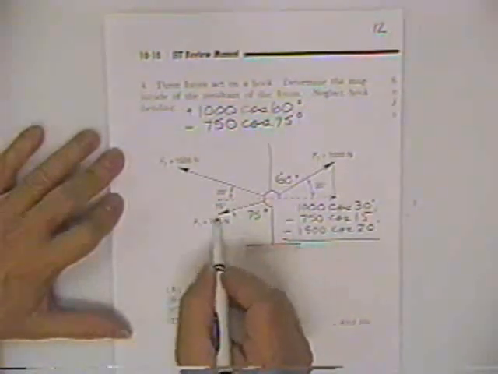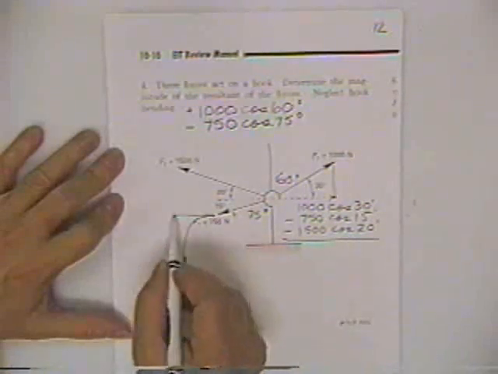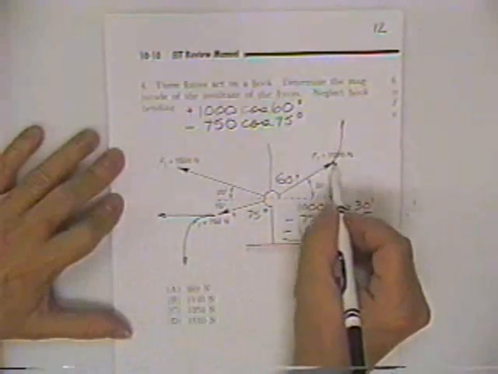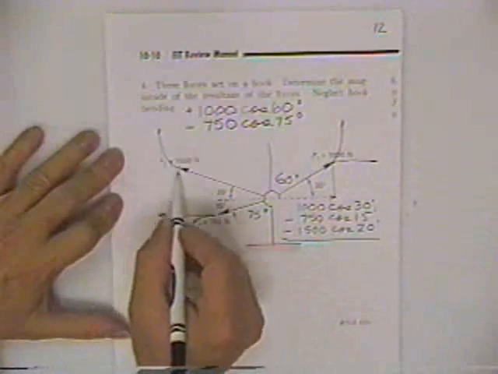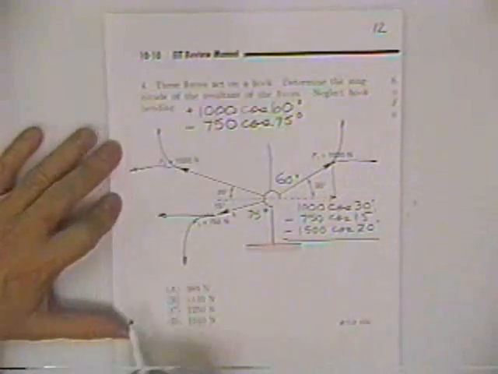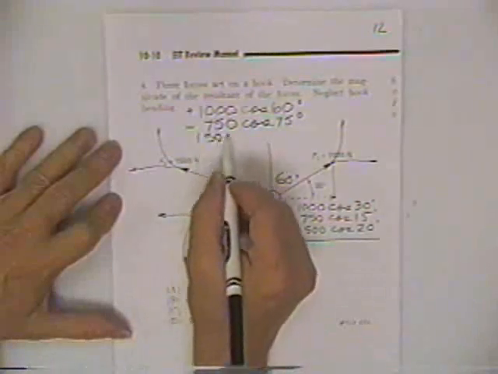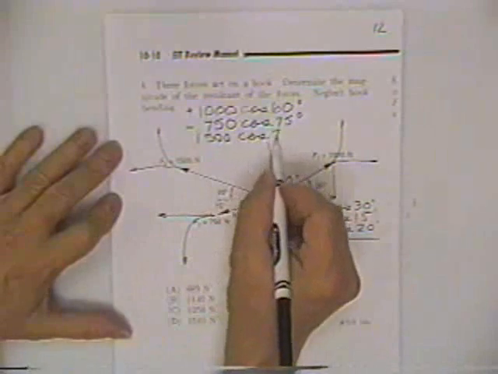I would call that a minus because this force is pointing down, and it's pointing to the left. This guy's pointing up and to the right. This guy's pointing up and to the left. So then the last number is a 1,500 Newton force multiplied times the cosine of 70 degrees.